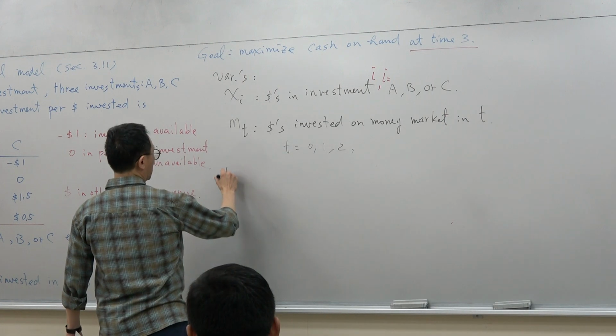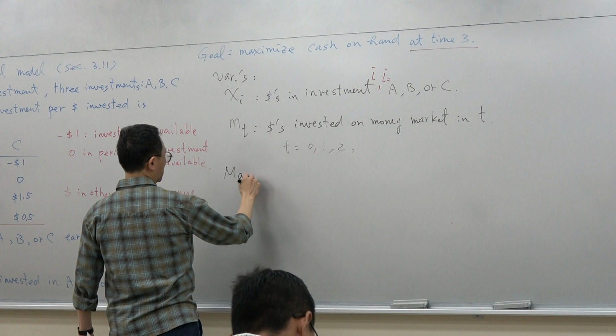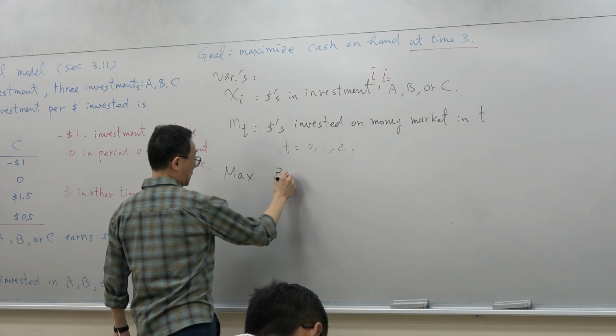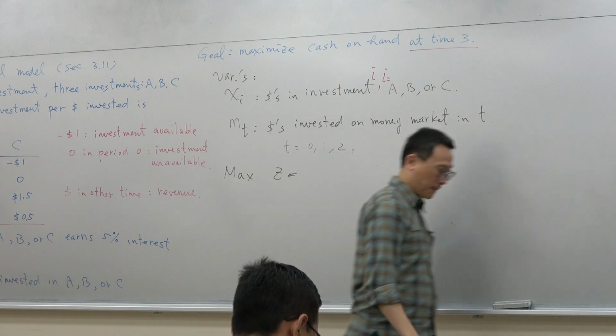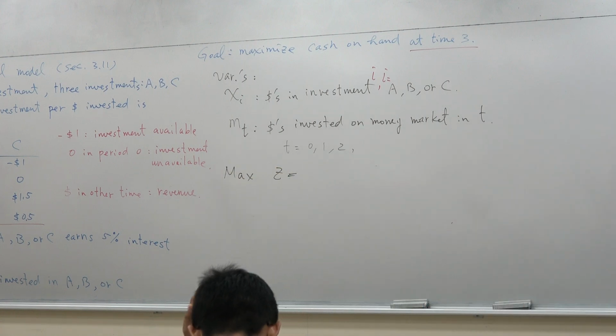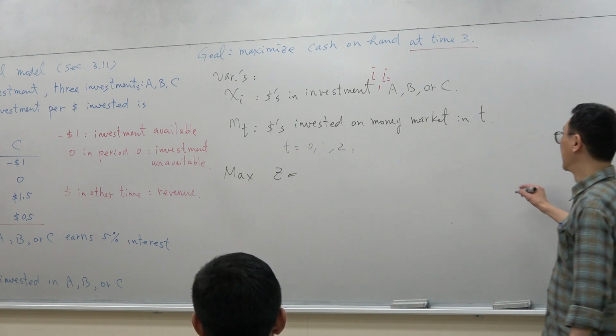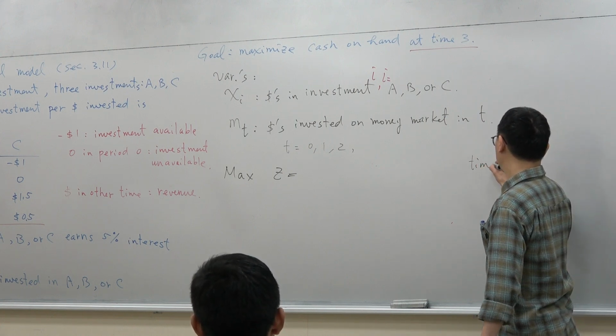So our objective function is that we try to maximize the total money I have at time 3.